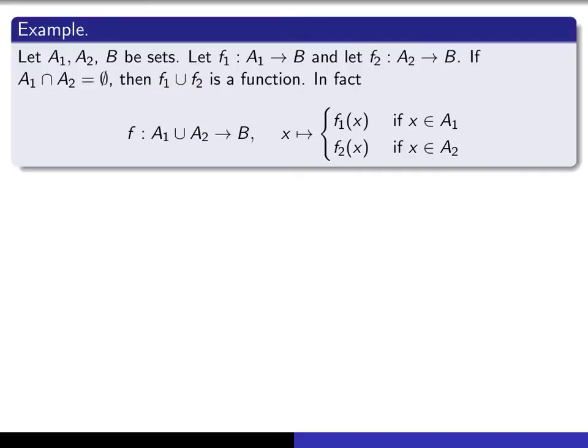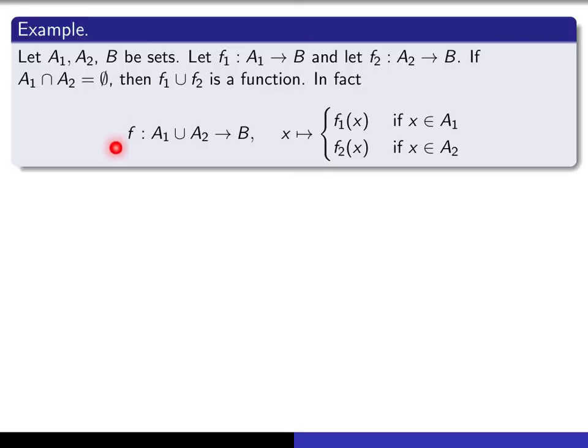I guess I haven't written it as f. So let's call F1 union F2, I'm going to denote it by f. Then in fact, f is a function from the union of these two domains, A1 and A2, into B, and it's given by this. If x happens to be in A1, then x maps to F1 of x, and if x happens to be in A2, then x maps to F2 of x.